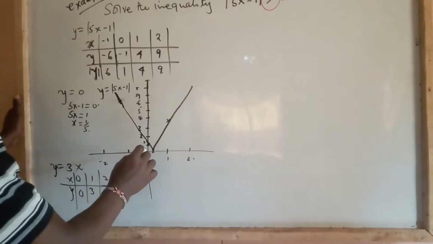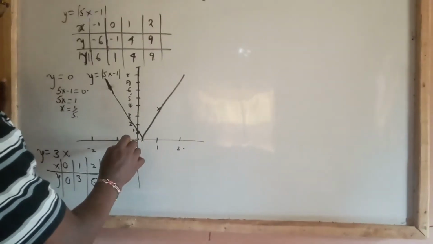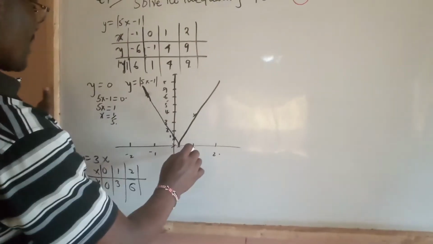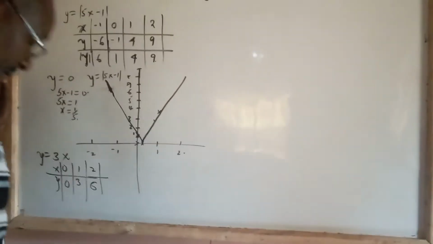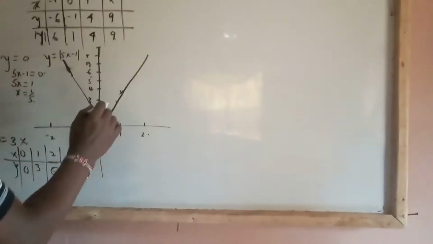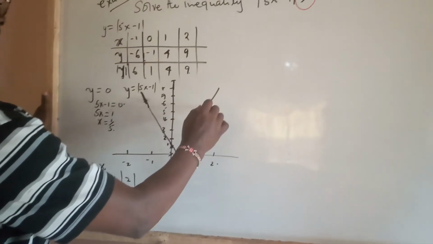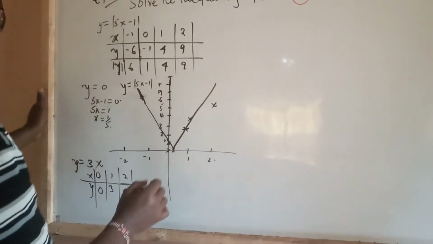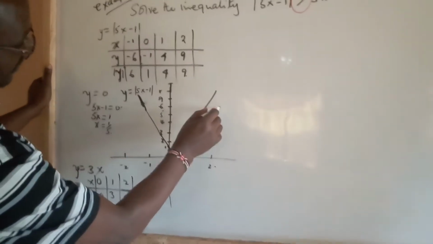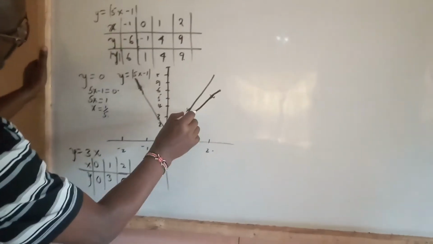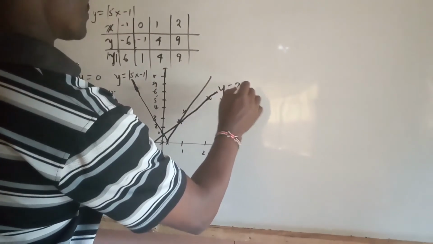So we are going to have a graph that looks like that. So this is the graph of y is equals to 3x.